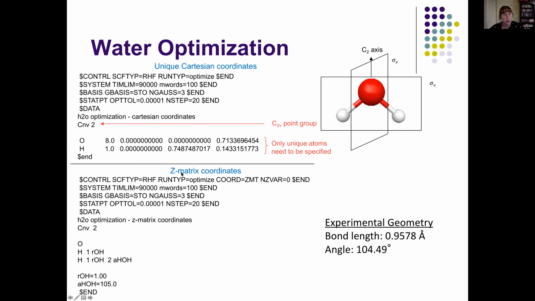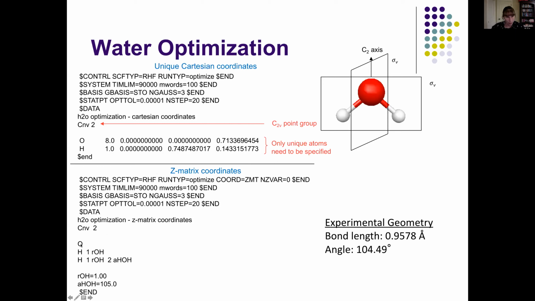Now with Z-matrix coordinates, we have to actually define the fact that we're going to be using Z-matrix coordinates. By default, we use Cartesians. So here we've got our Z-matrix coordinates. Otherwise, things are pretty much the same until we get to dollar data. Again, we're defining the fact we have a C2V symmetry. In this case, we're using a Z-matrix.